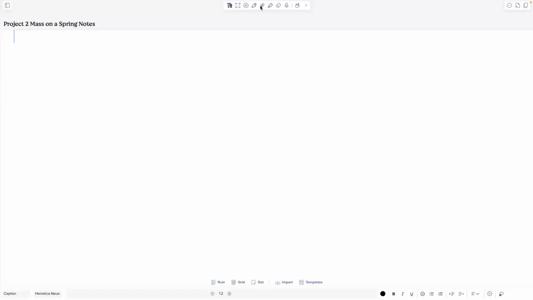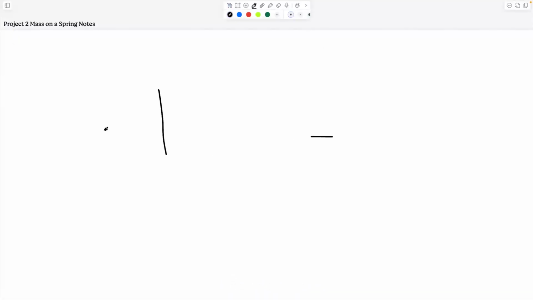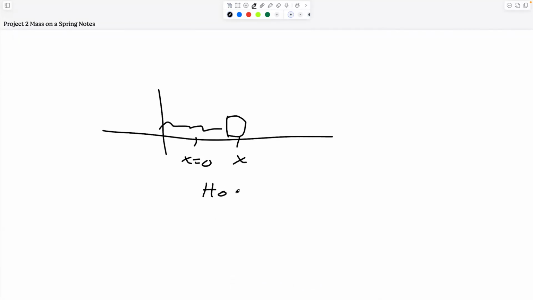So just quickly, we're going to have some spring here, some mass that's oscillating back and forth. So if we say this is x equals 0 here, and we've stretched out to some position x, then Hooke's law says that there's a restoring force, let's call it Fs for spring, is negative Kx.